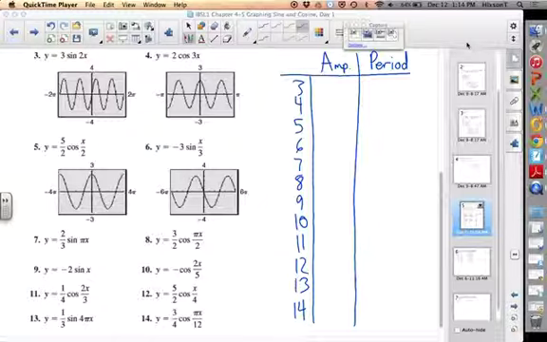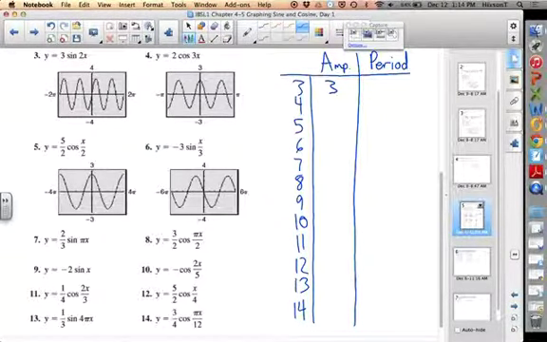Let's just do the amplitudes. Number 3, what's our amplitude? 3. Number 4? 2. Number 5? 5/2. Good, 5/2. Number 6? 3, yeah, there we go, no minus there. 7? 2/3.